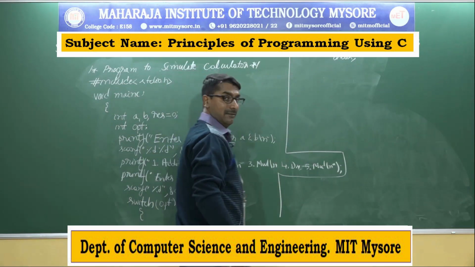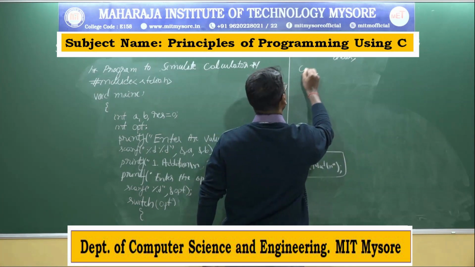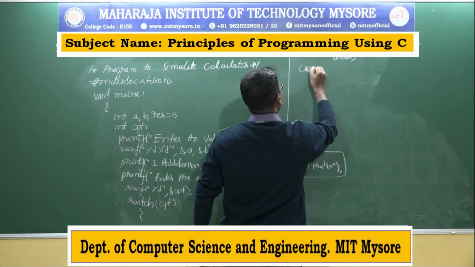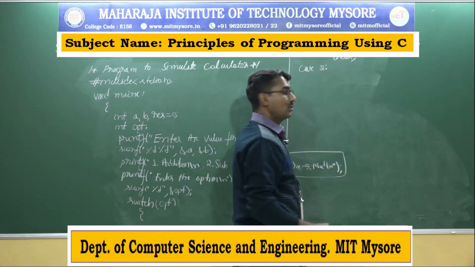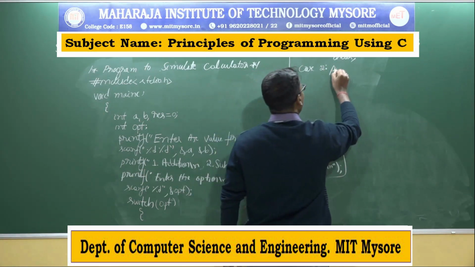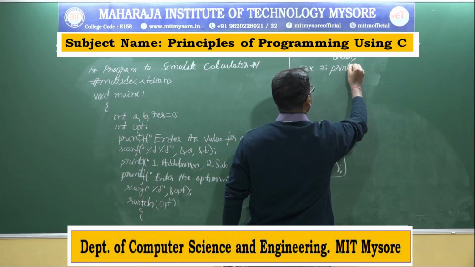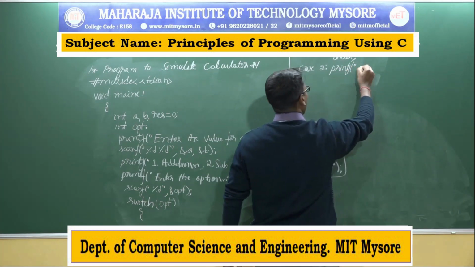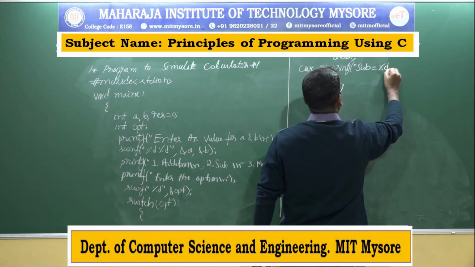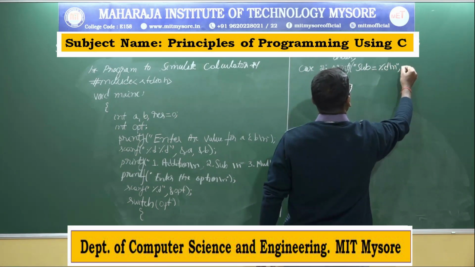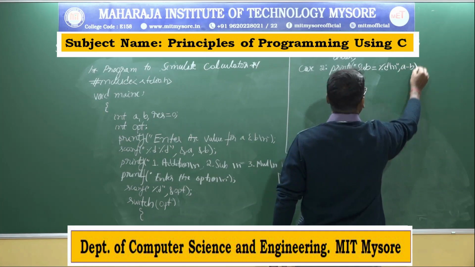If the case is not matched, then one more case, that is case 2. In case 2, I will perform subtraction. So printf "sub is equal to %d\n", a minus b.